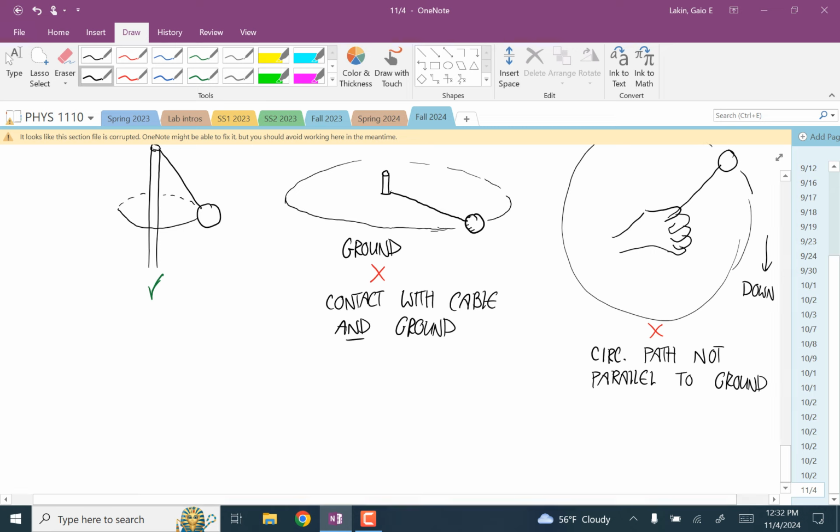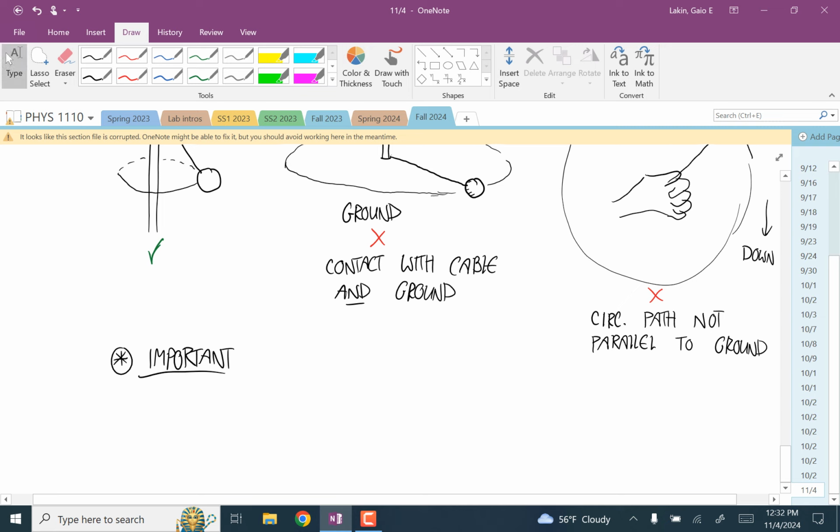And one important fact about tetherball problems, and really this is the thing that makes this technique possible, is that tetherball problems are always uniform circular motion.